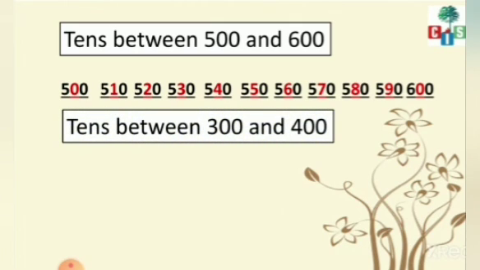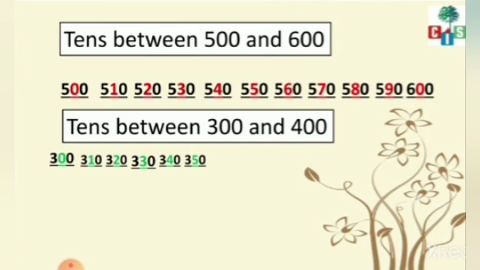Tens between 300 and 400. So let's start. 300. The place value of tens here is 0. So the next number will be 310, 320. After 320, 330, 340. What will come after 340? 350, right?